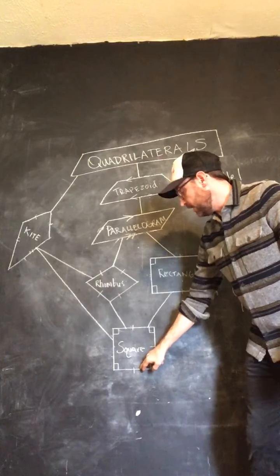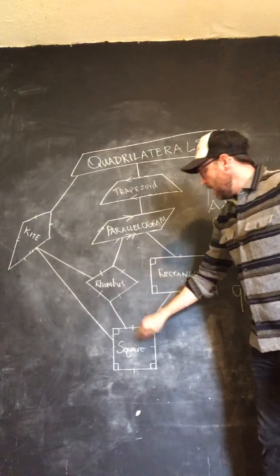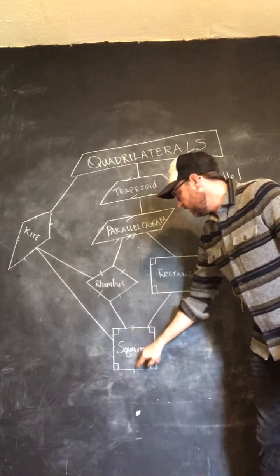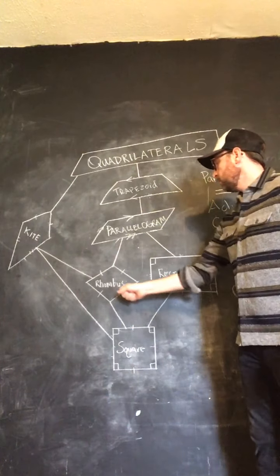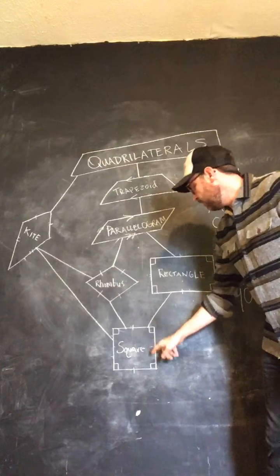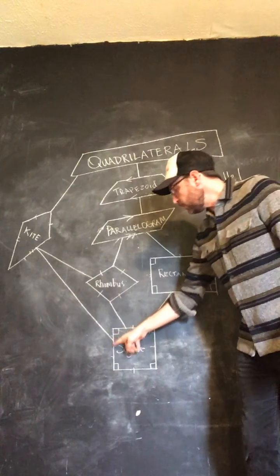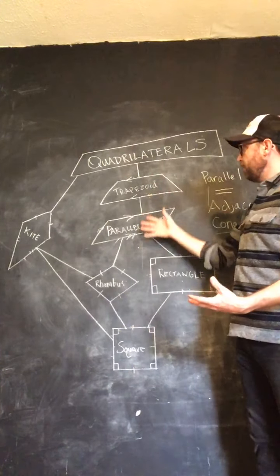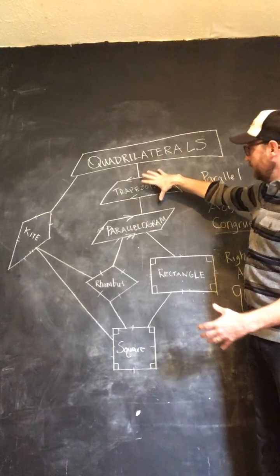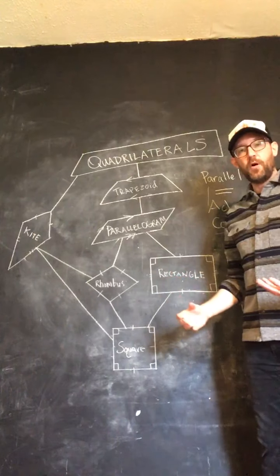It has one set of parallel lines, also a trapezoid. It has four sides that are the same, so it is a rhombus, and it has four right angles in its corners here, so it's also a rectangle. So the square is sort of the perfect representation of the quadrilateral. As we get down here, we get to the most specific shape that contains parts of all of them.